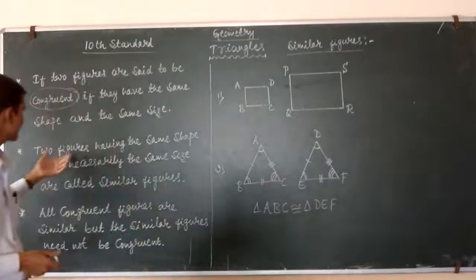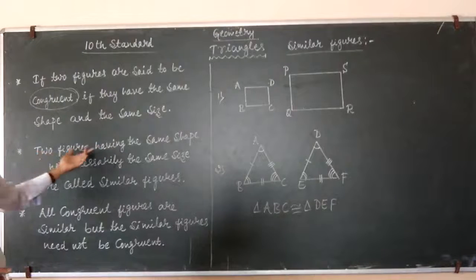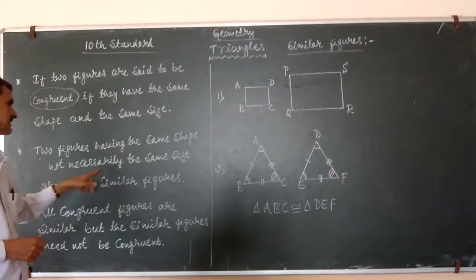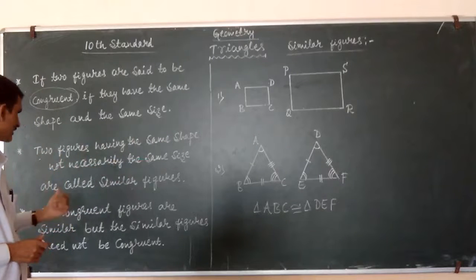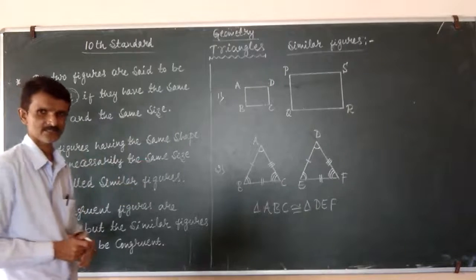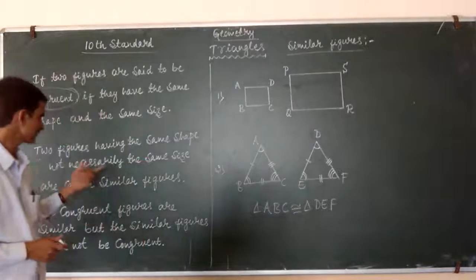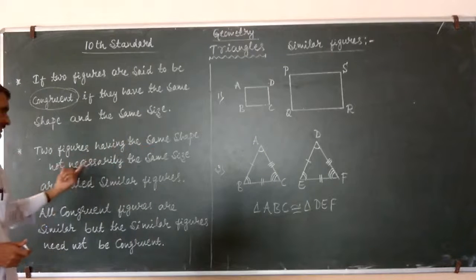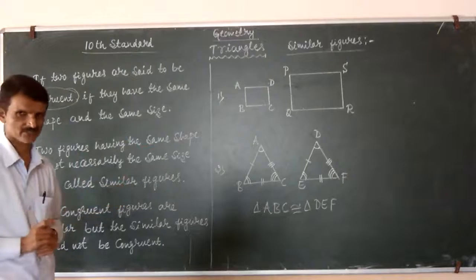So coming to the second one, the two figures are in the same shape. If they have the same shape, not necessarily the same size, they are called similar figures. So this point: two figures having the same shape, not necessarily the same size, are called similar figures.